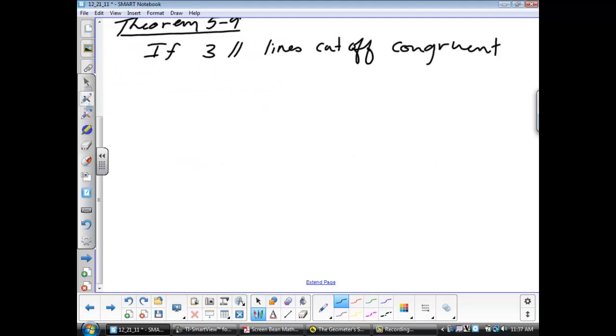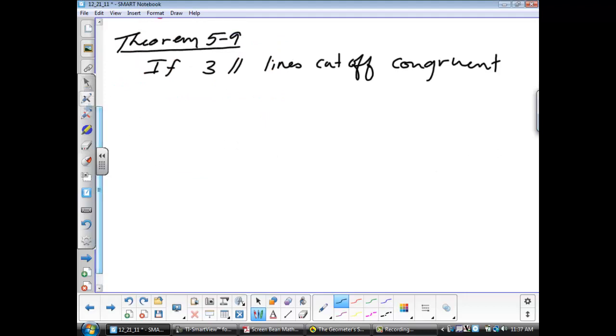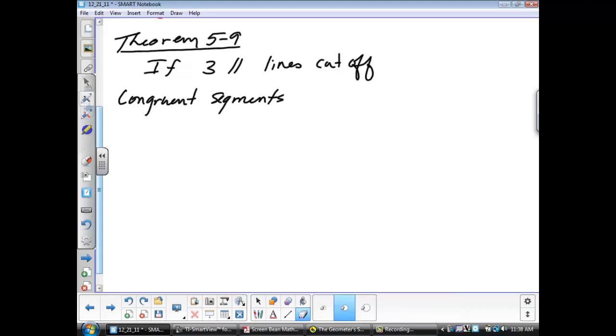Cut off congruent segments in one transversal. Lines cut off congruent segments in one transversal. Then they will cut off congruent segments in every transversal.